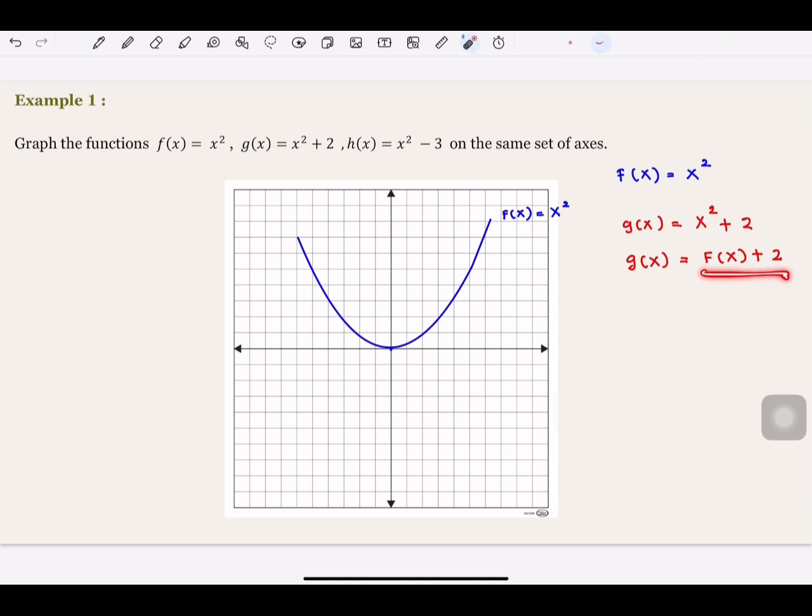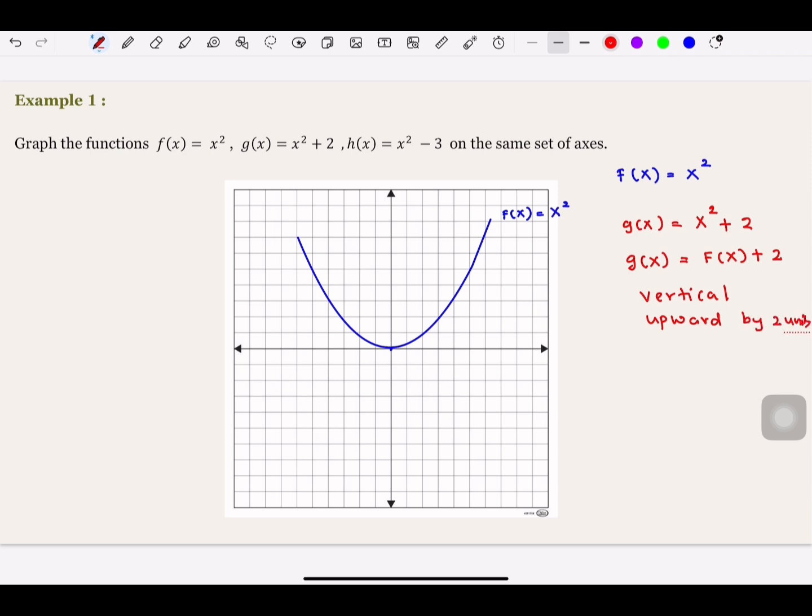So this is a vertical shift, and this is plus a constant, which means this vertical shift will be upward. And since the constant we have is 2, it's going to go upward by 2 units.